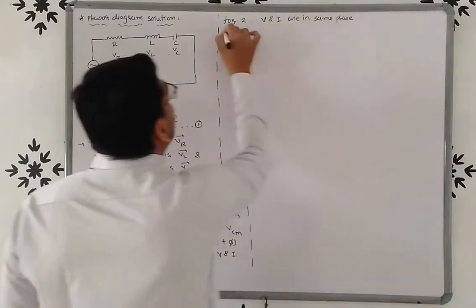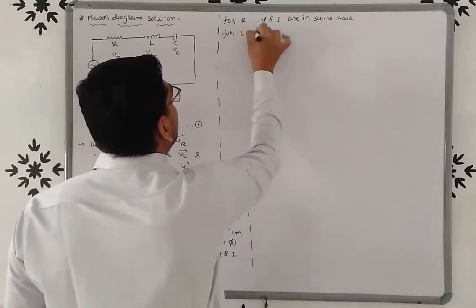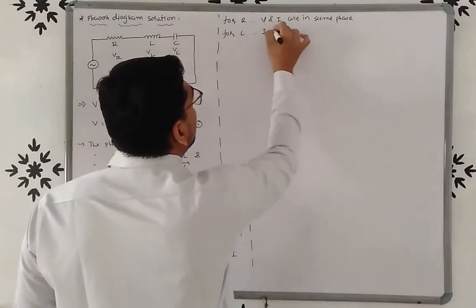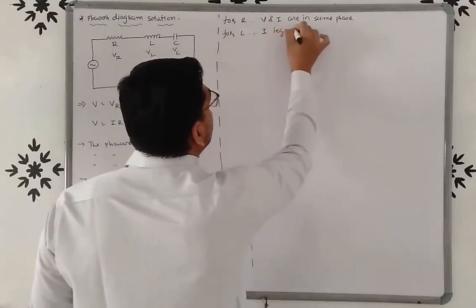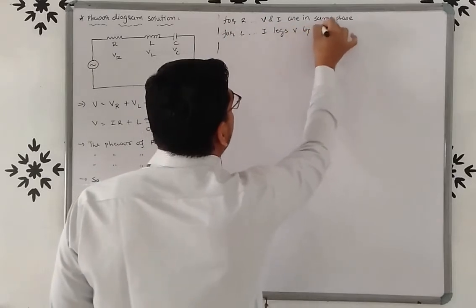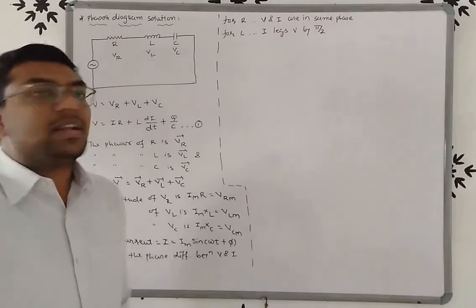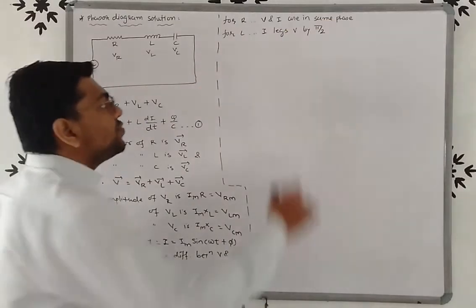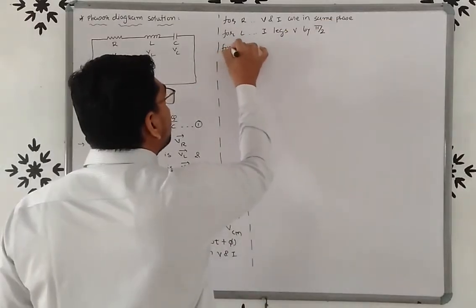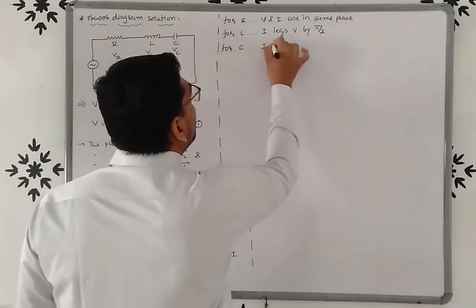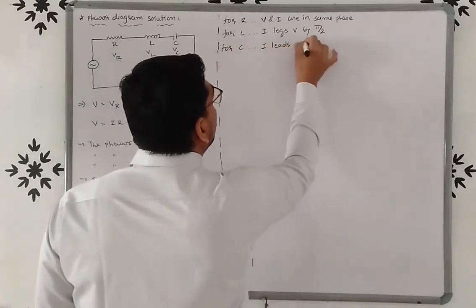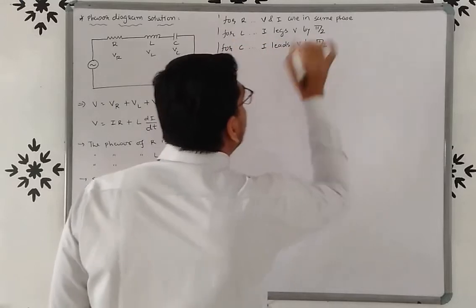For an inductor, current lags voltage by pi by 2. So for the inductor we already proved that current lags voltage by pi by 2, and for a capacitor current leads voltage by pi by 2.